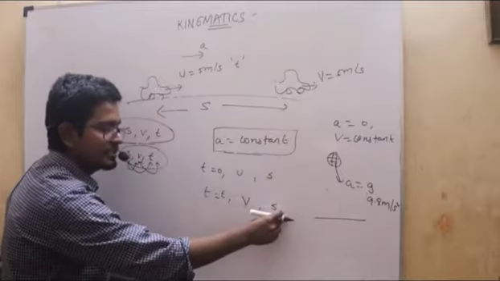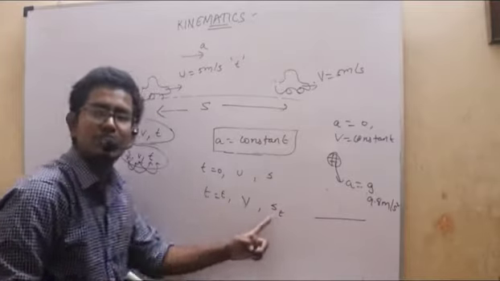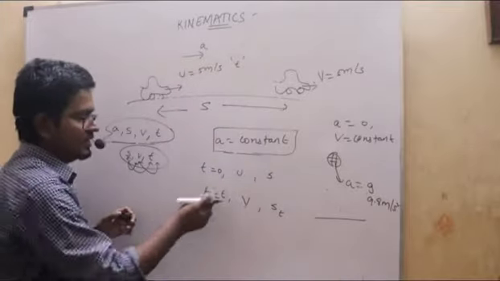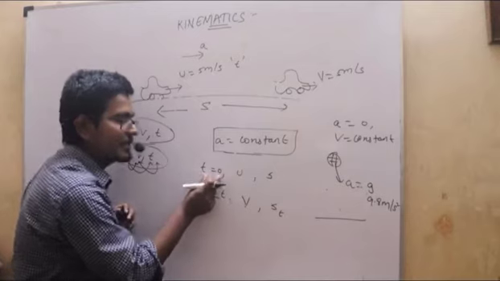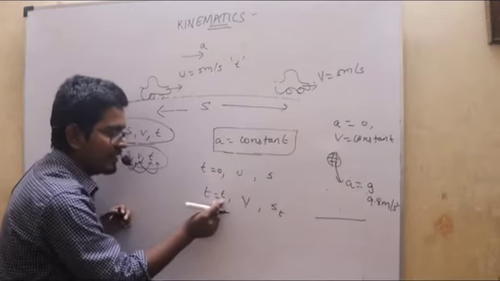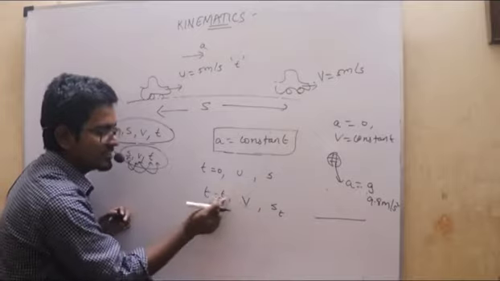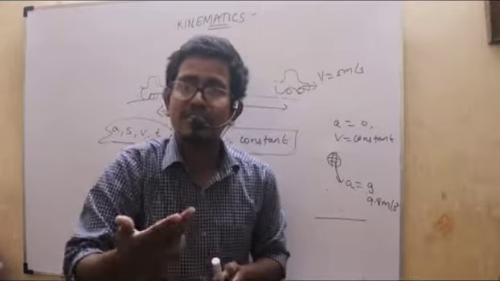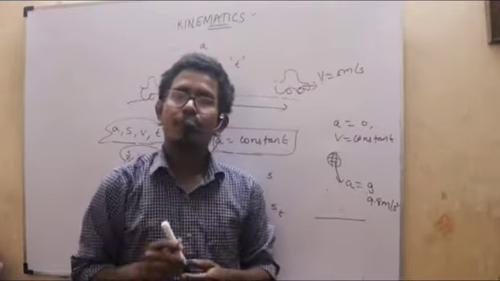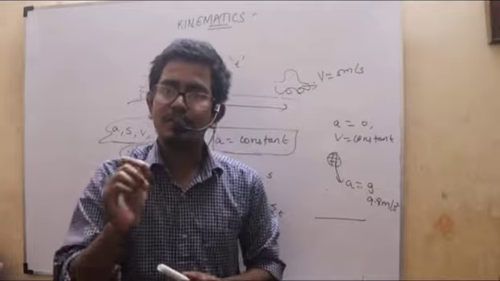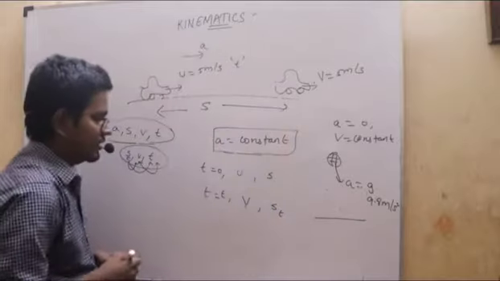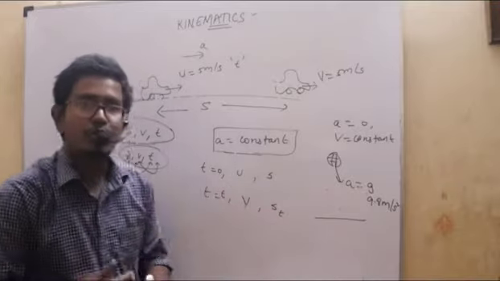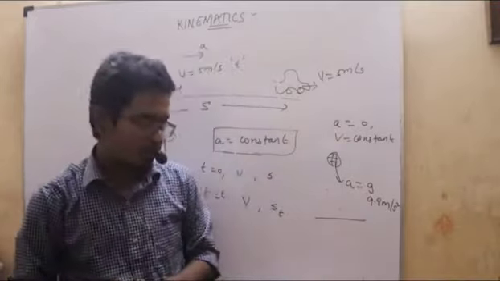My position is going to be changed after a time t seconds. Right? So it is what the variables are going to change. As the time is changing, my velocity is going to be changed. As the time is changing, my position is going to be changed. Even though my time is changing, my acceleration due to gravity is going to be the same, constant. Right? So now these three variables are going to change, and by having these three variables, we are going to derive the kinematic equations right now.